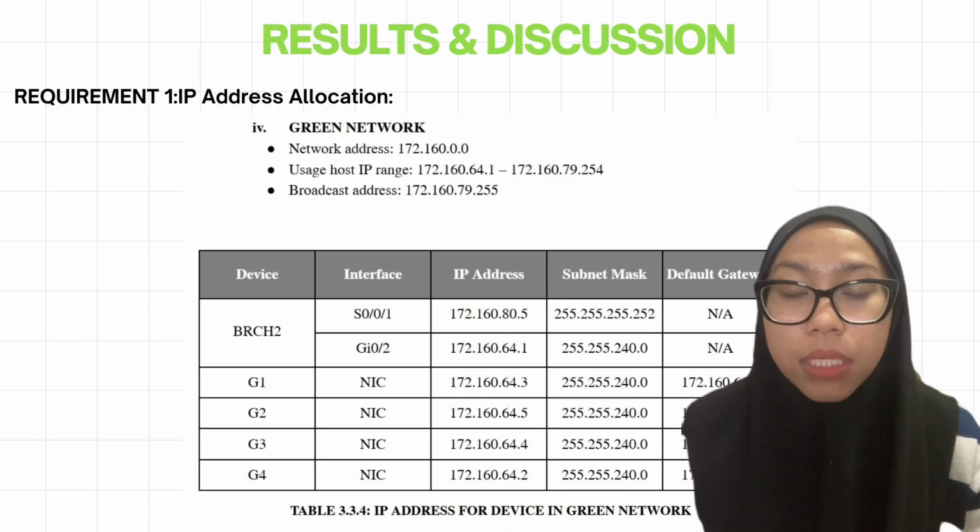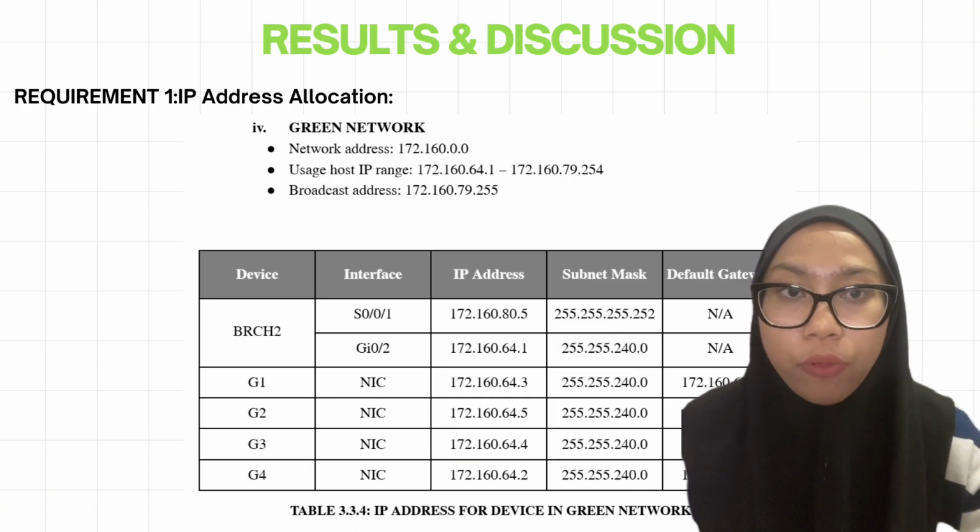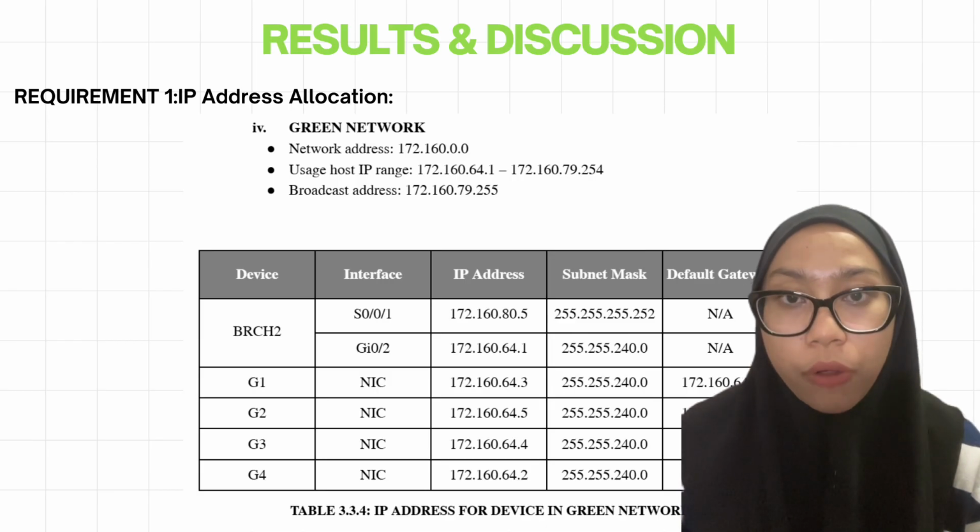For green network, the network address is 172.16.64.0. The usable host range starts from 172.16.64.1 until 172.16.79.254. The broadcast address is 172.16.79.255. This IP scheme allows each branch network to accommodate its required number of devices without running out of addresses.